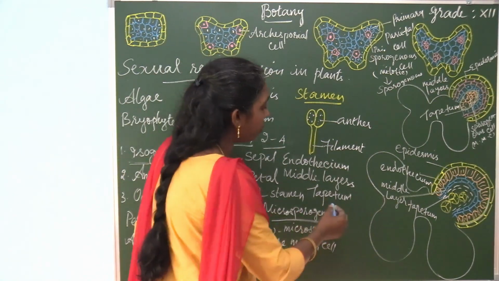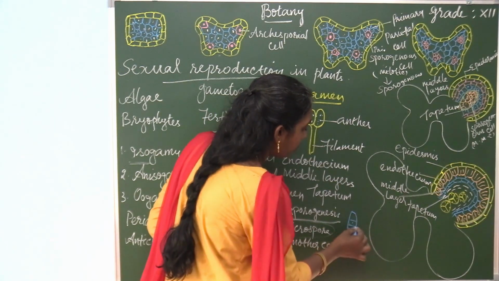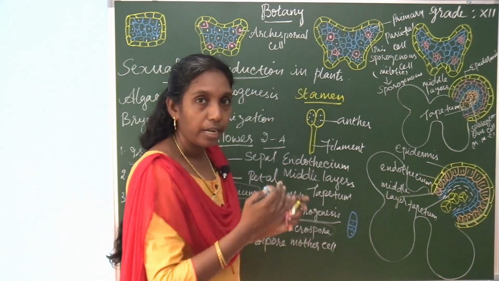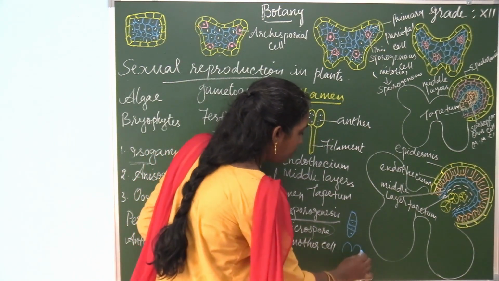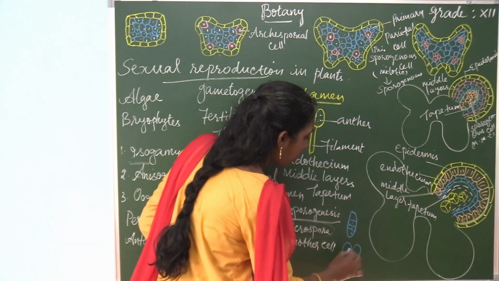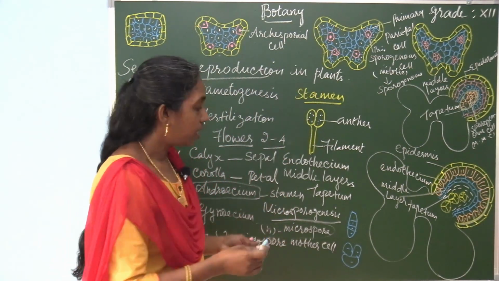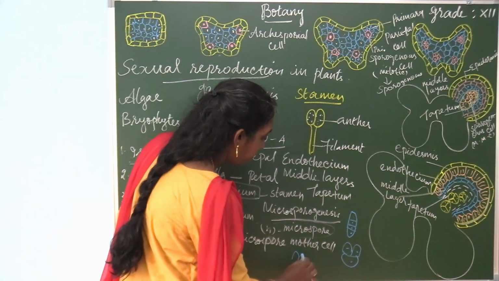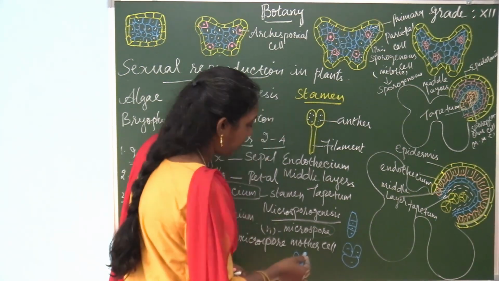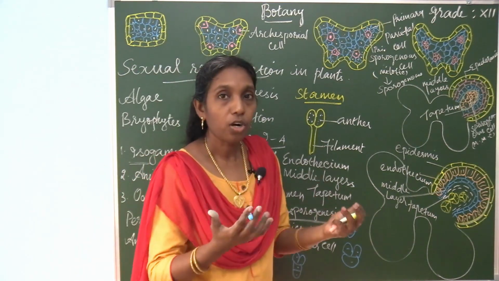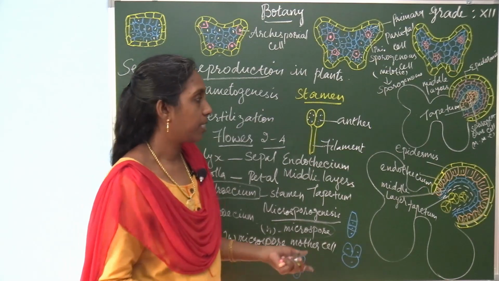They may be arranged linearly, 4 cells, 1, 2, 3 and 4. Either linear, or decussate in this form, or isobilateral, or tetrahedral, or T-shaped. This is the structure of the T-shaped. The microspores are arranged in different shapes.